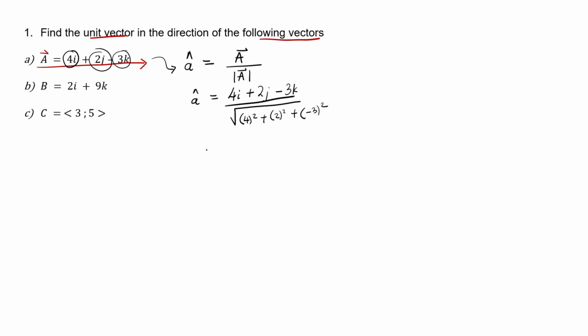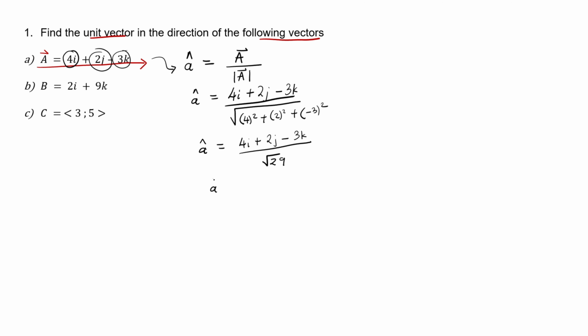So this is 4i plus 2j minus 3k over the square root of 16 plus 4, that's 20, 20 plus 9, that's 29. So this is the square root of 29.